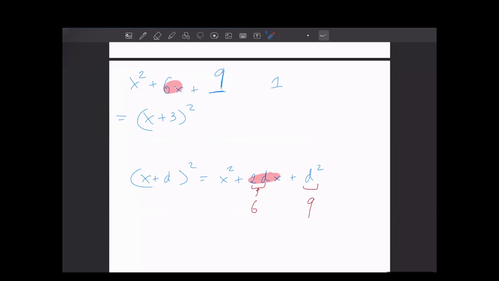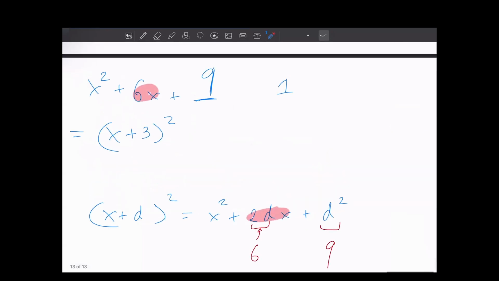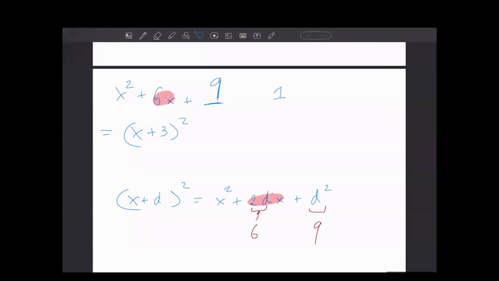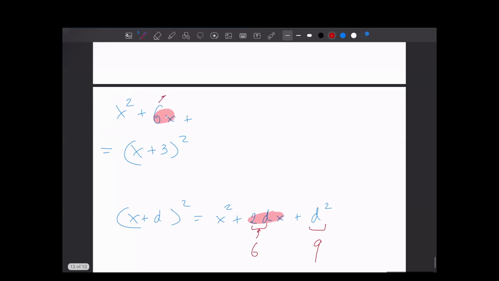So this is the trick when deciding this number. You do exactly what you just came up with. If we call this b, you take this b number and you first divide it by 2. So you do b divided by 2. That's how you got 3, right?